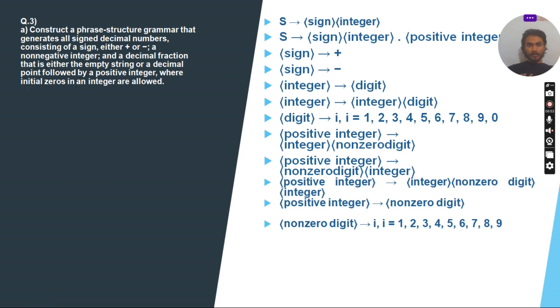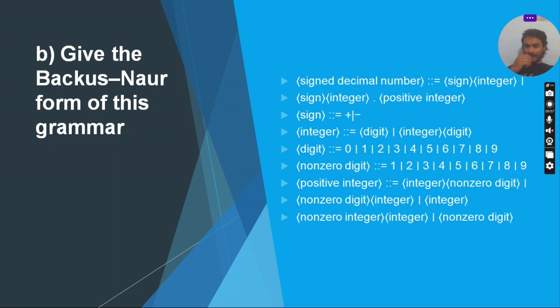Okay, so let's come to another point. We have another question, which is: give the Backus-Naur form of the grammar. It is a form of a grammar which concludes it in a short period of time as well as fluently.